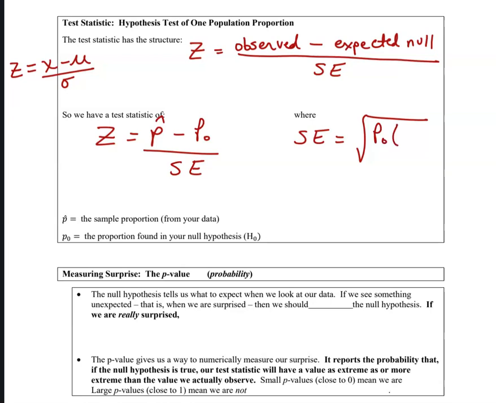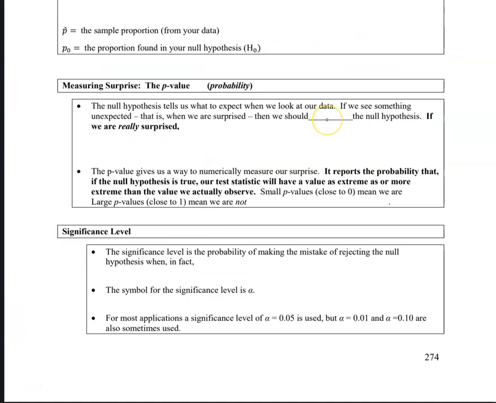It's what we would use with our null hypothesis. P naught times 1 minus P naught divided by N, where N is our sample size. P hat is the sample proportion we get from the data, and P naught is the proportion we use with the null hypothesis. So based on this test statistic, we're going to calculate what's called the p-value.